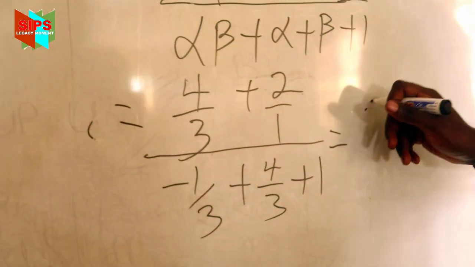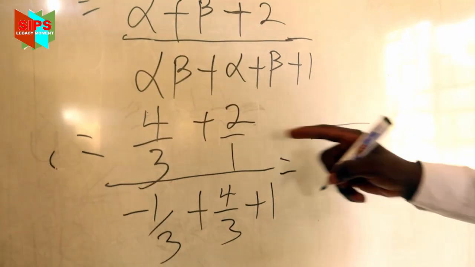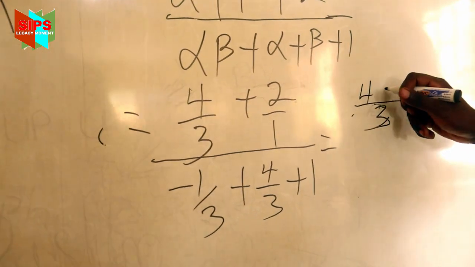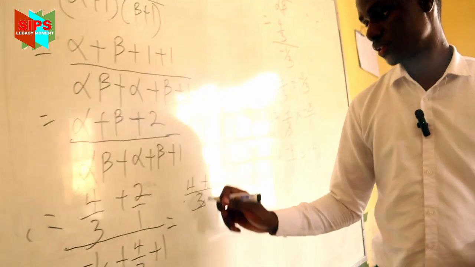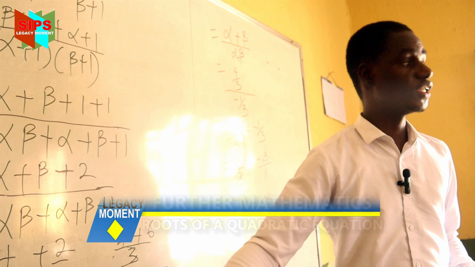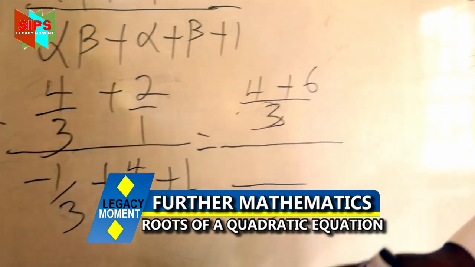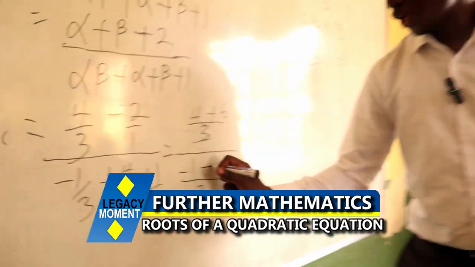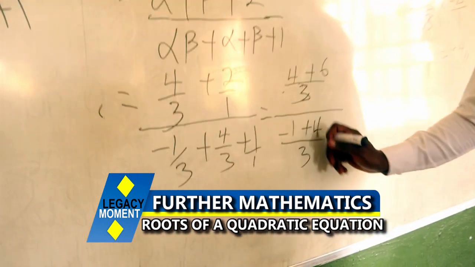The LCM of this is 3. The LCM is 3. 3 into 3 is 1. 1 times 4, 4. Plus 1 into 3 is 3 times 2, 6, over, we have 1 also. The LCM of this expression is what? 3. 3 into 3, 1. 1 times minus 1, minus 1, plus 3 into 3, 1. 1 times 4, 4.